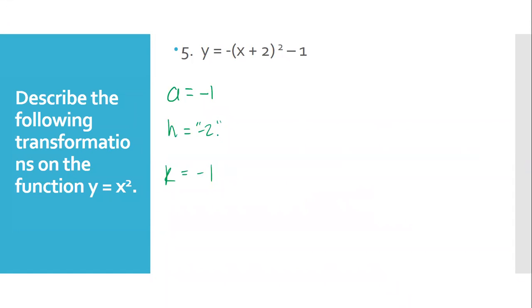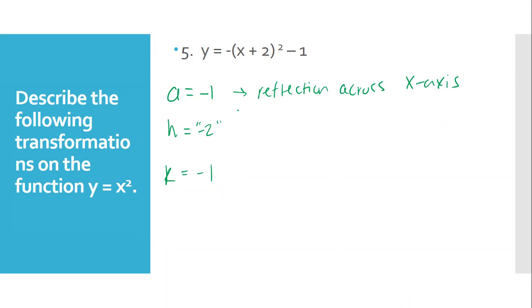-1. Okay? Because A is -1, that tells us that this is a reflection across the x-axis.